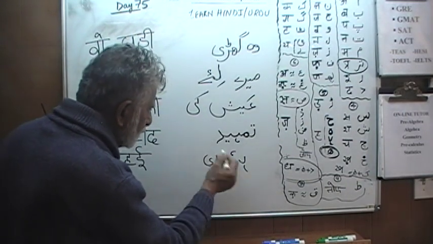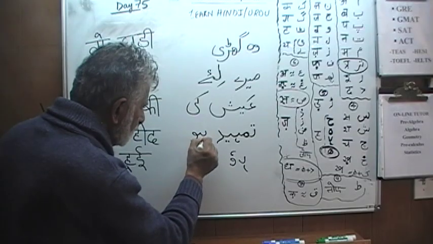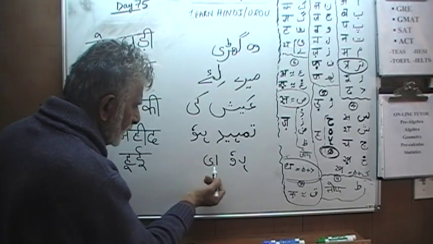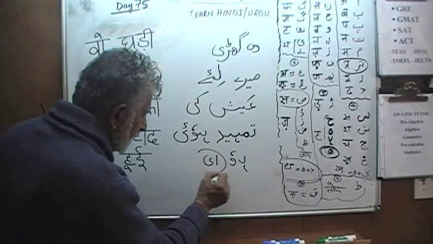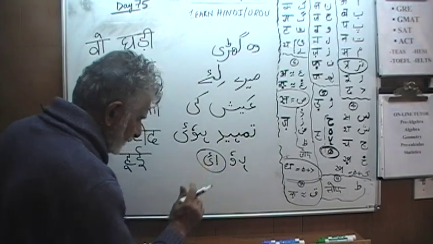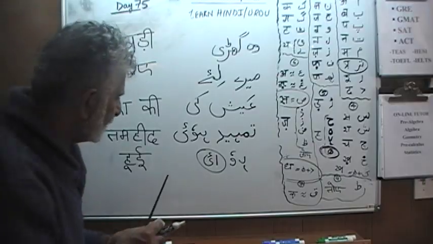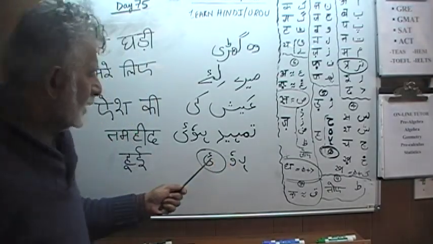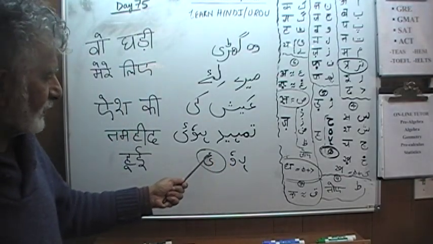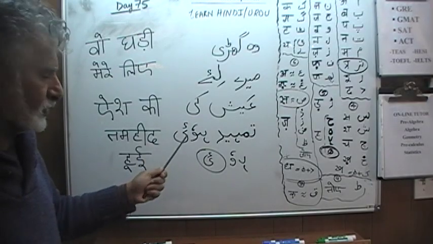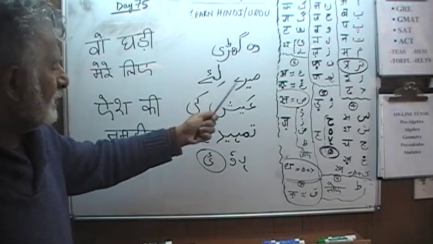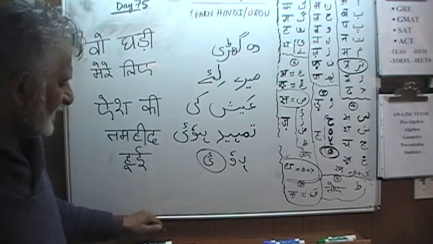When written together, it takes this shape. Alif is replaced by a hamza. Alif disappears, and you put a hamza on top of choti ye. That hamza represents the alif and the choti ye. वो घड़ी मेरे लिए ऐश की तमहीद हुई.